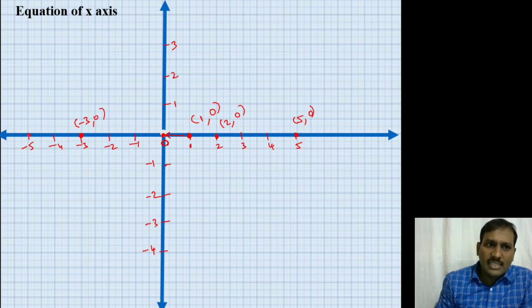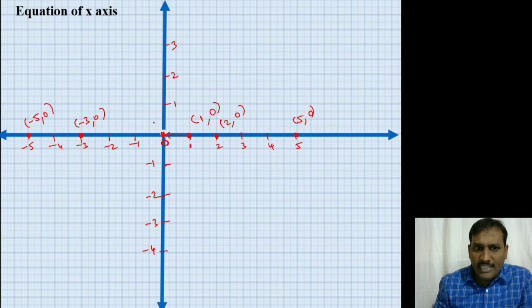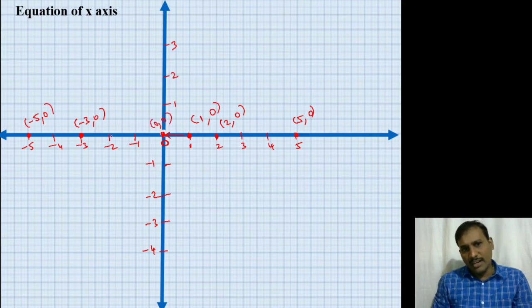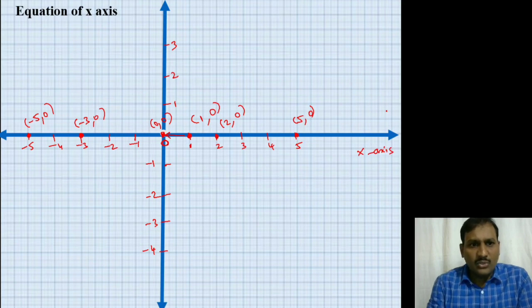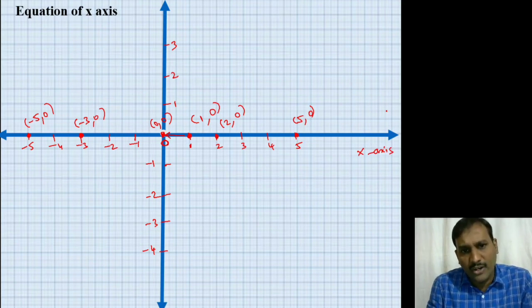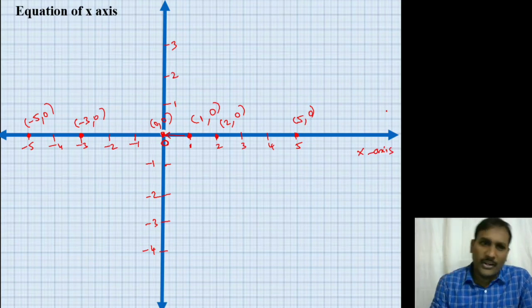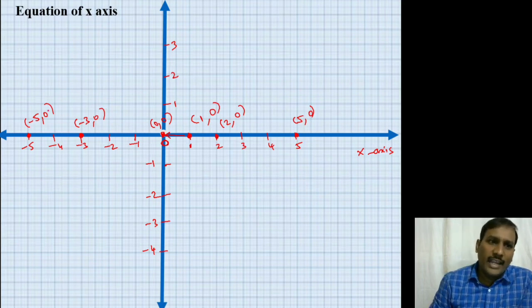And this is minus 5 comma 0. And this point is the origin, 0 comma 0. Now all these points, if you observe, are lying on the x-axis. What is common in those points? All the y coordinates of those points are 0.